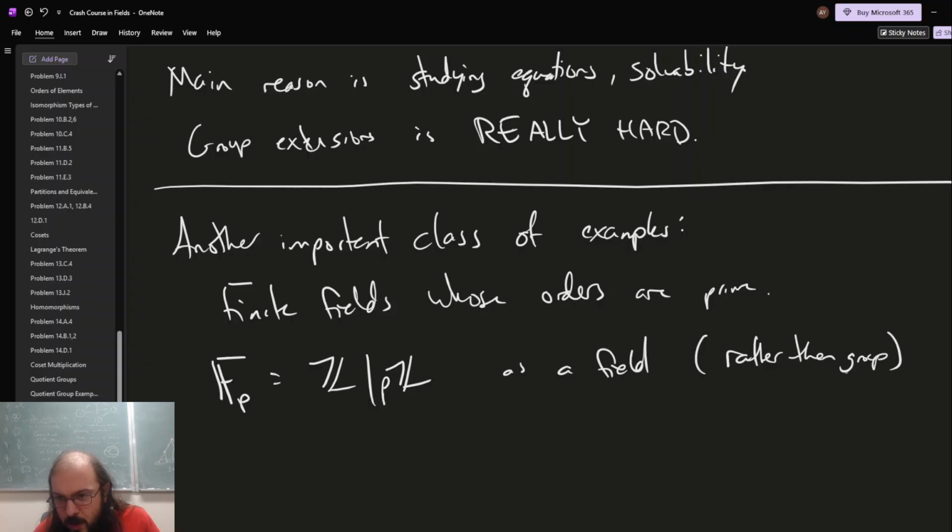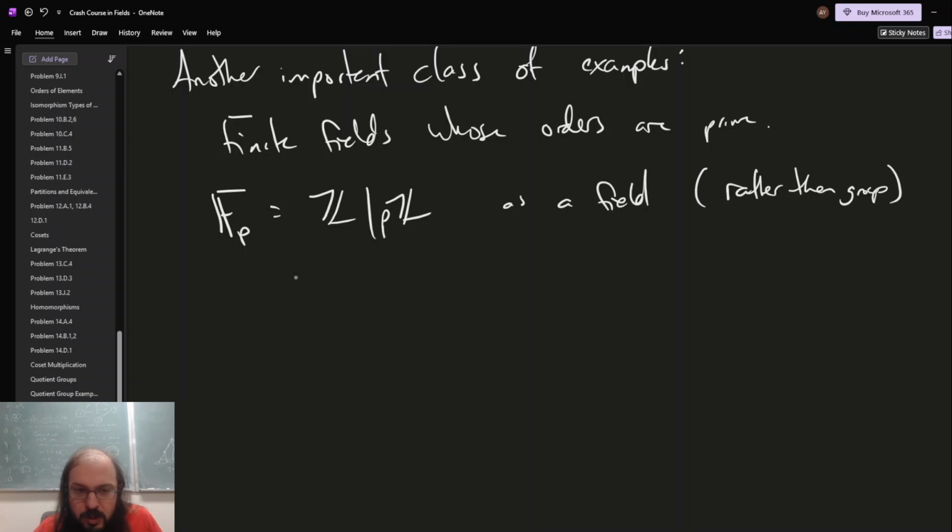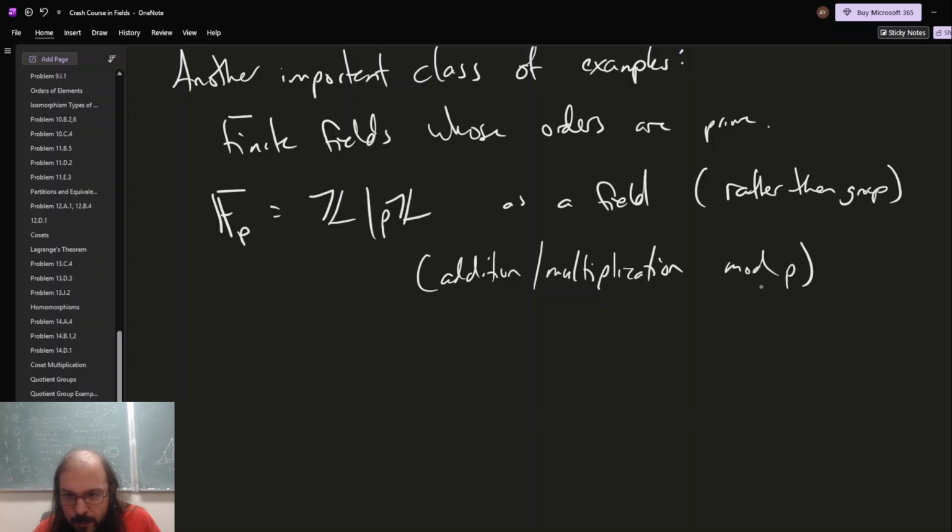You could still write Z mod pZ if you wanted to. It wouldn't be wrong. Just sometimes people use this notation to remind you that it's a field. So the operations are the usual addition and also multiplication. Sorry, I said the usual, but it is mod p. I guess I mean the usual for Z mod pZ.